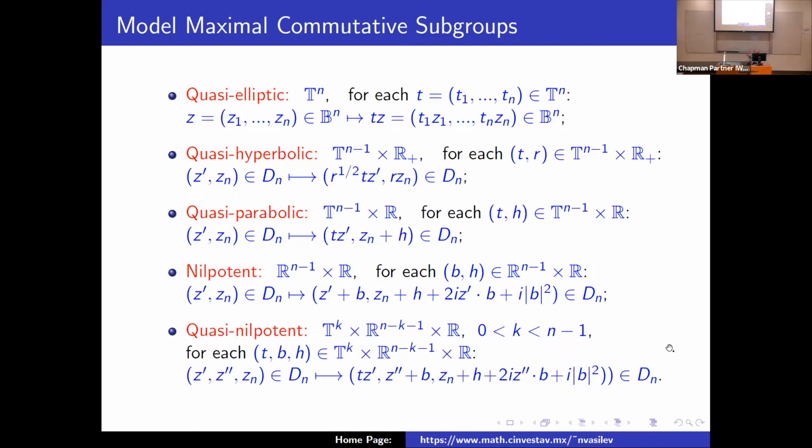If we count all together for dimension n, we will have n+2 different cases. So this is the situation. Elliptic is just the n-dimensional torus, multiplication by coordinates. Quasi-parabolic is a parabolic shift in the last variable and action of the torus. So this is a description of all these groups.